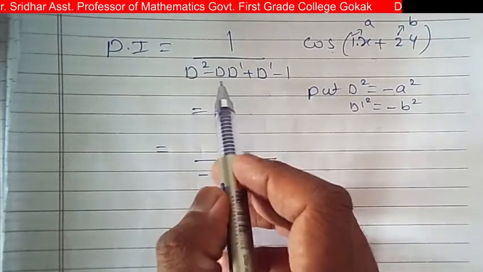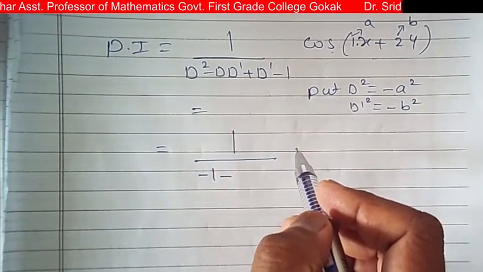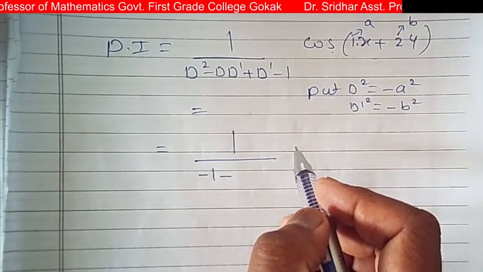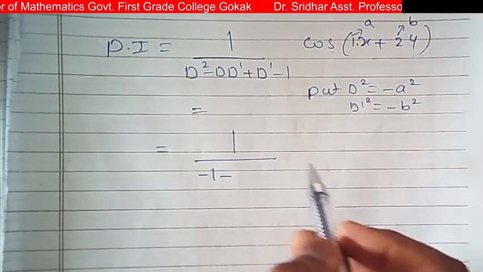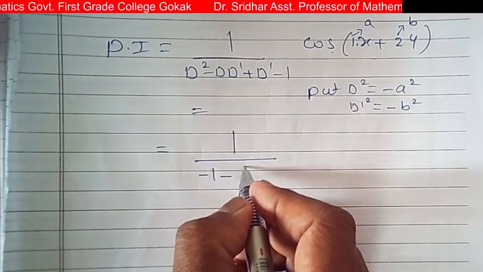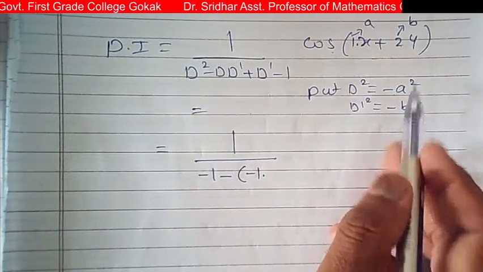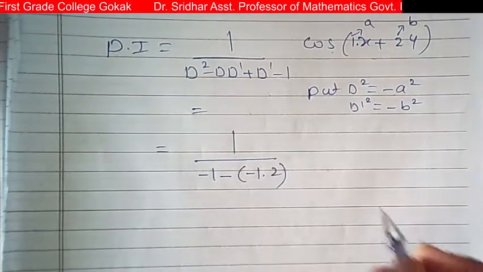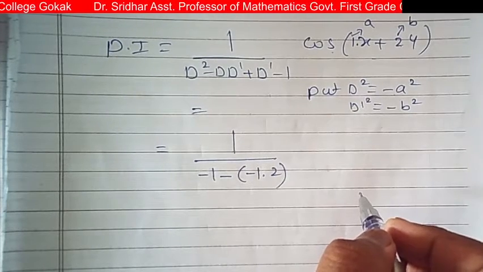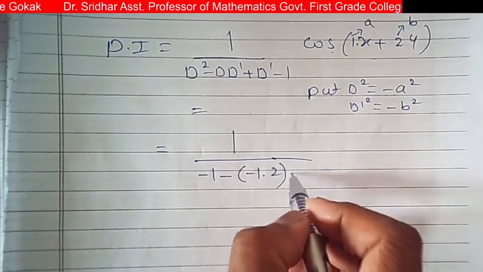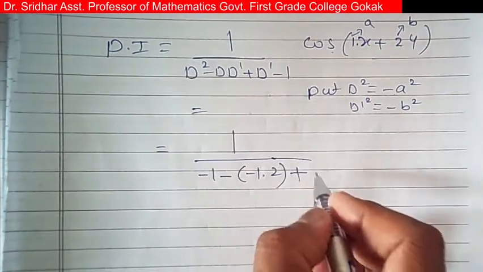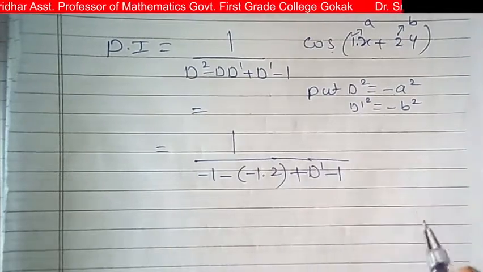Then minus D D dash, where D is replaced by minus 1 and D dash by 2. Then plus this D dash as it is, minus 1 as it is.